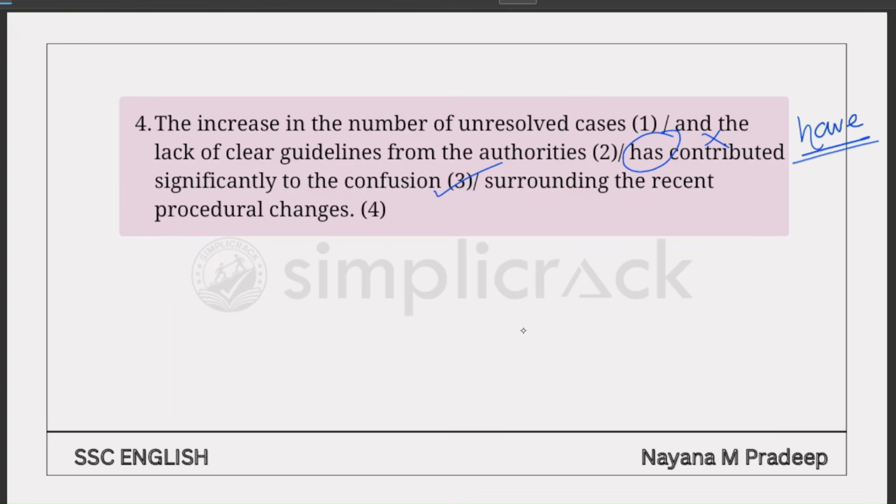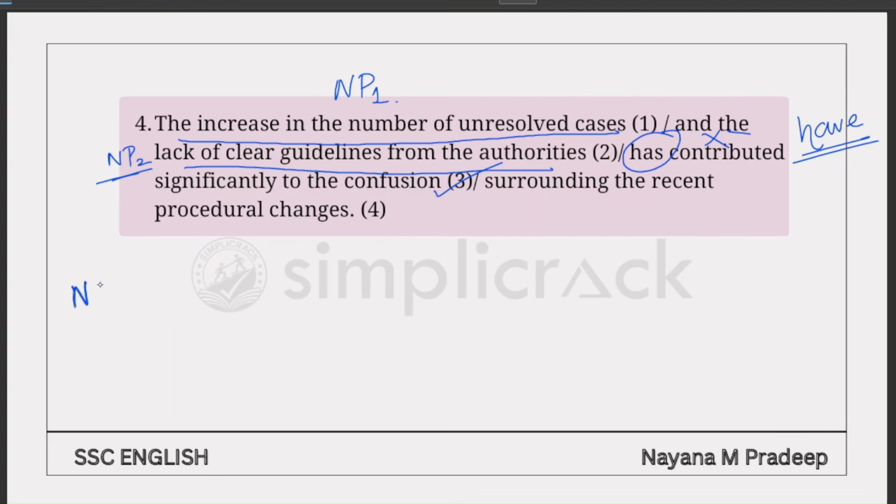Why do we use have here? Because here you can see the first noun phrase, the increase in the number of unresolved cases. You have noun phrase 1. Now you have the second one, the lack of clear guidelines from the authorities, which is the second noun phrase.